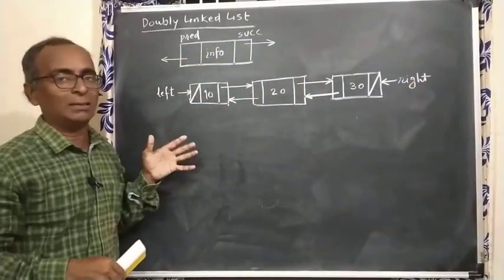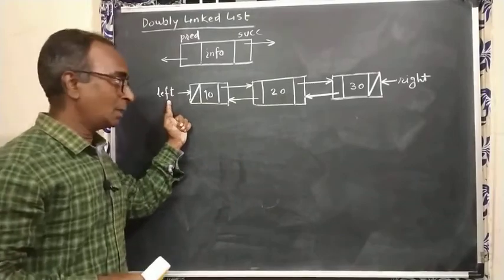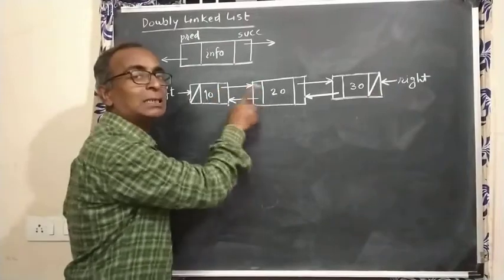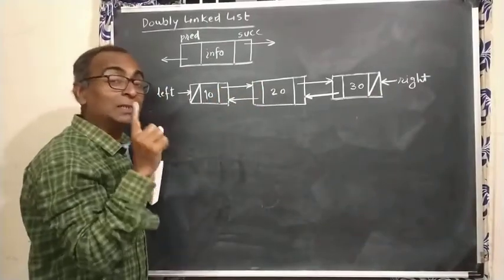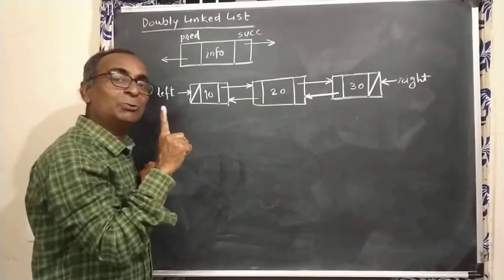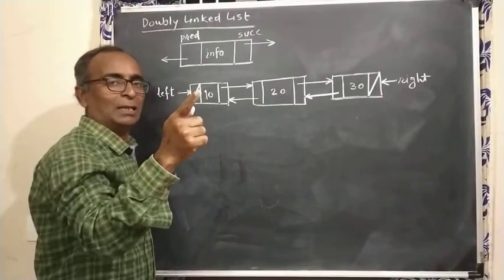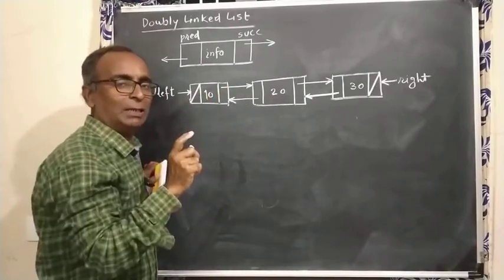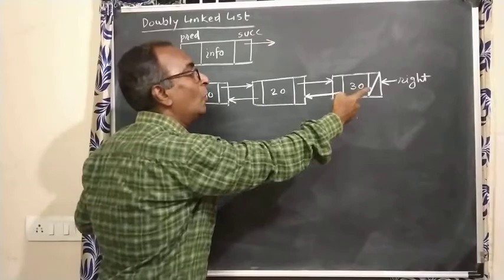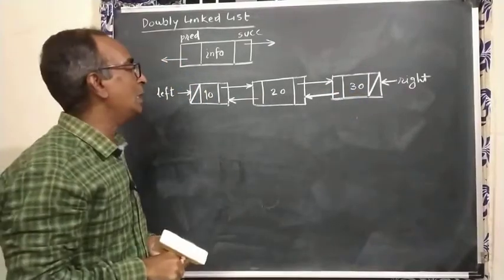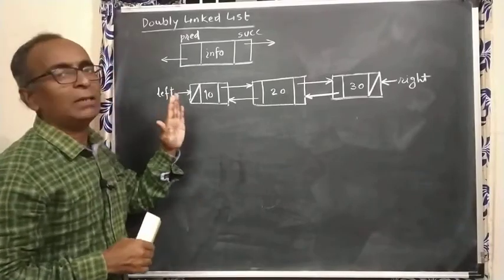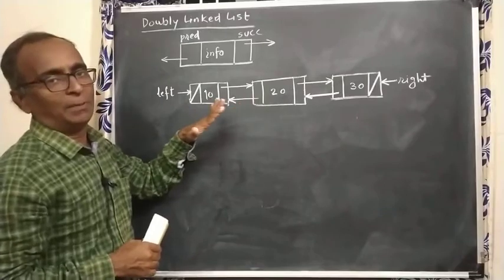As it is a doubly linked list, you can traverse either from left to right or right to left following the successor or predecessor pointers. That is one big advantage of a doubly linked list, whereas in a singly linked list you can traverse in only one direction, from left to right if you have created it that way. But in a doubly linked list you can traverse either from left to right or right to left. We'll compare these two, singly and doubly linked list, later. Just to show what a doubly linked list is pictorially, this way it will be represented, right?